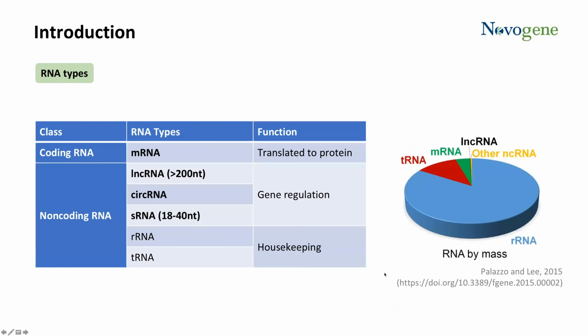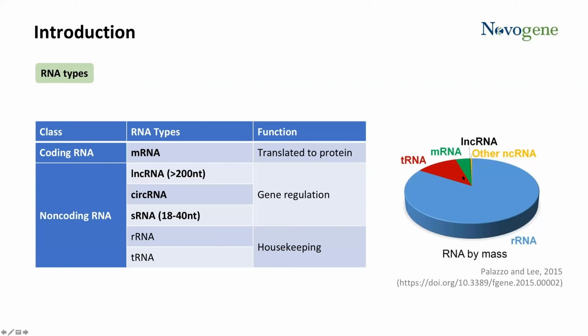We are all very familiar with messenger RNA, which is the RNA that codes for protein. However, a large proportion of the total RNA does not code for protein and is called non-coding RNA. Non-coding RNA is classified into 2 groups: the housekeeping, which constitutes the ribosomal RNA and tRNA, and the gene regulation non-coding RNA or regulatory non-coding RNA, which includes long non-coding RNA, circular RNA, and small RNA.